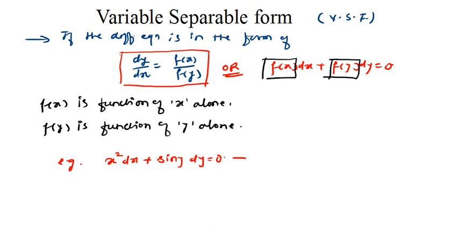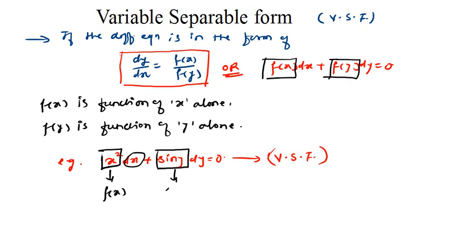This differential equation is in variable separable form, because the coefficient of dx is x square, which is a function of x alone, f of x, and the coefficient of dy is sin y, a function of y alone. So this is what we will learn here, how to find the solution using the variable separable form.